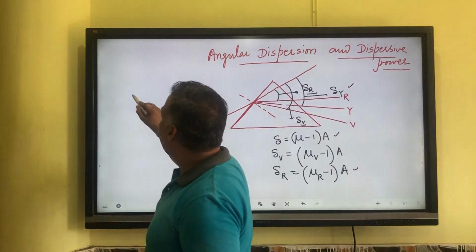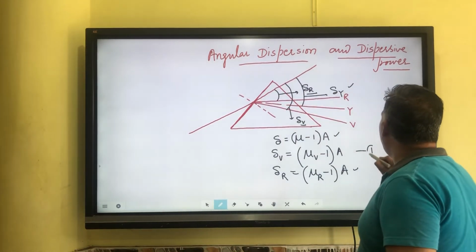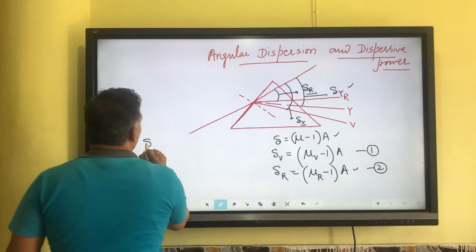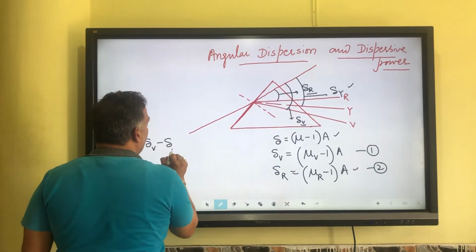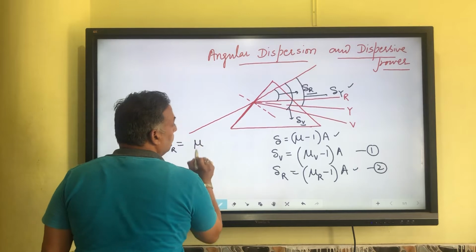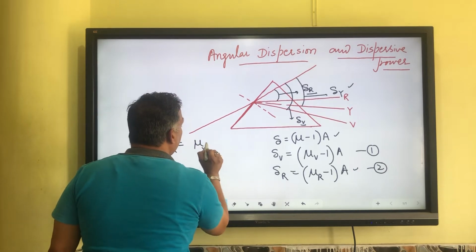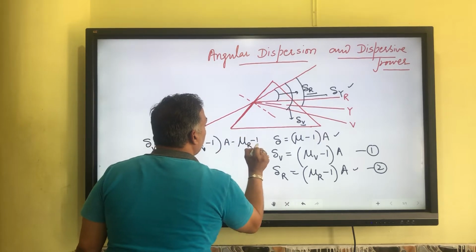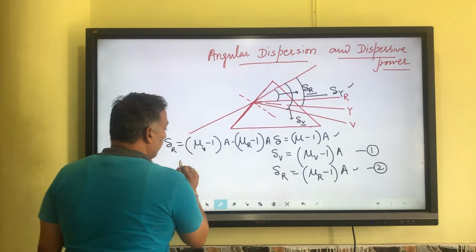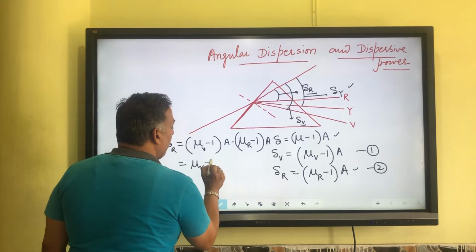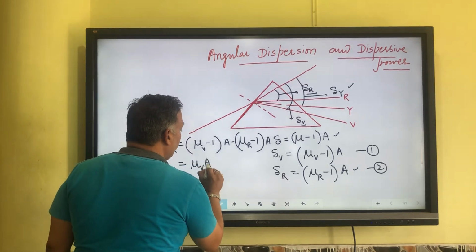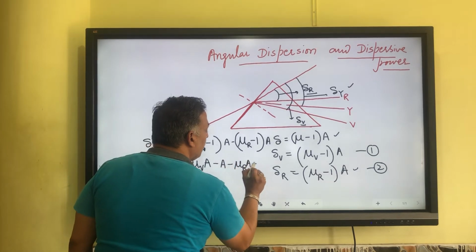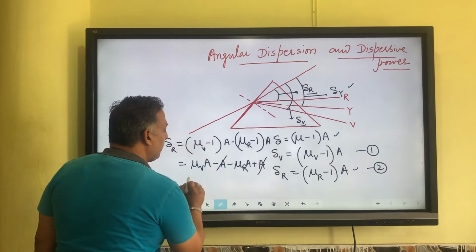So for the refractive index, if this is number 1 and this is number 2, I subtract number 2 from 1. So delta V minus delta R is (mu V minus 1) into A minus (mu R minus 1) into A. So it will be mu V into A minus A, minus mu R into A plus A. The minus and plus cancel out.